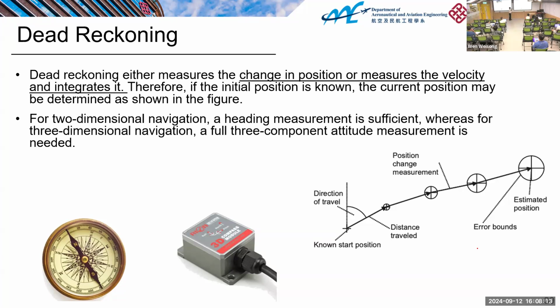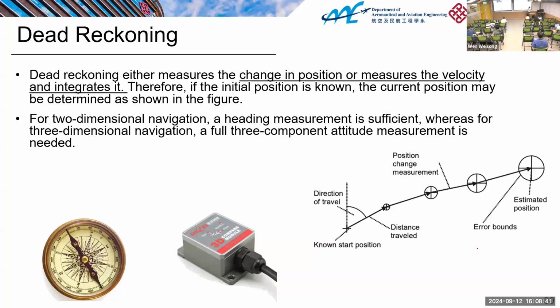This process is called dead reckoning. For example, this is the starting point. After 1 second, you move forward in this direction a given distance, and then for the next second. But the problem is that the error will accumulate. For example, there may be 2 centimeters of error from this motion inference, and maybe 2 centimeters again for this one.